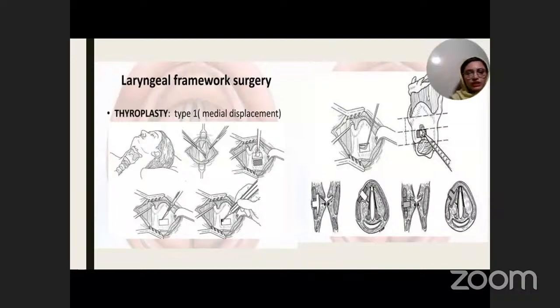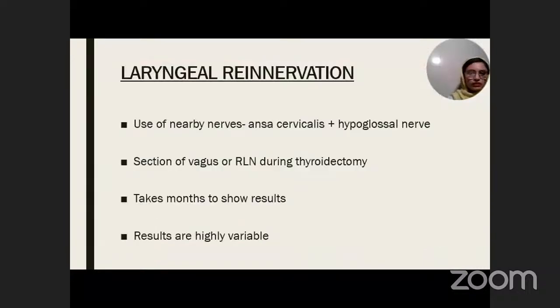It involves displacing and stabilizing a small rectangular cartilaginous window in the thyroid lamina at the level of the vocal cords, pushing the soft tissue medially using material like titanium, Gore-Tex, and hydroxyapatite. Complications include airway compromise and implant extrusion.